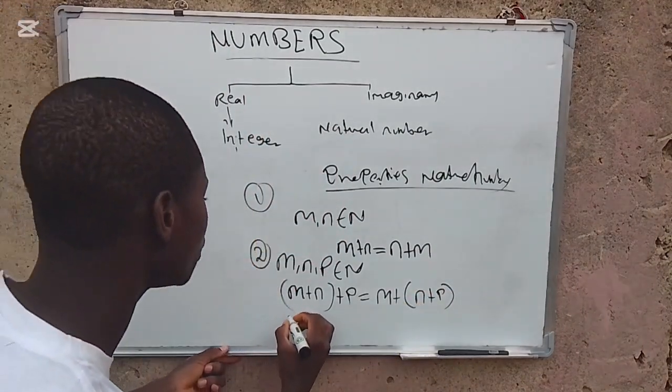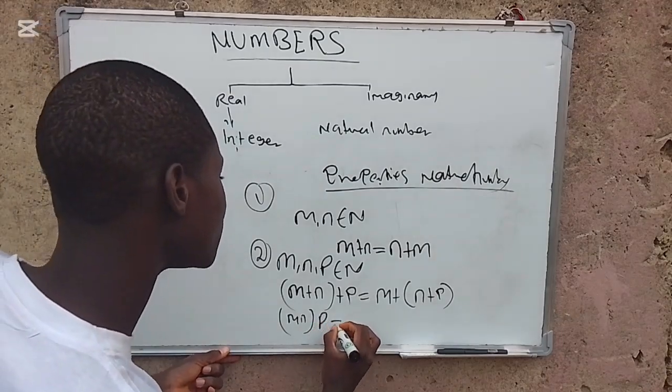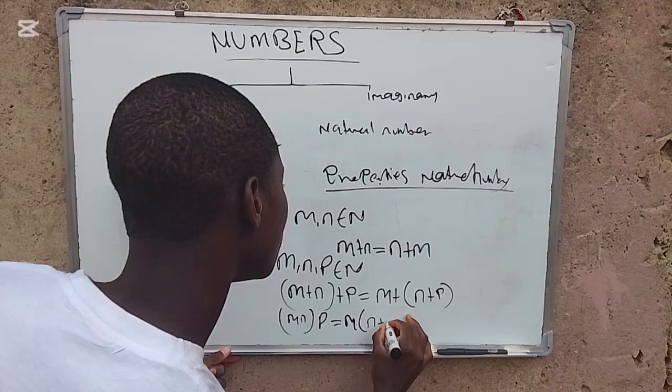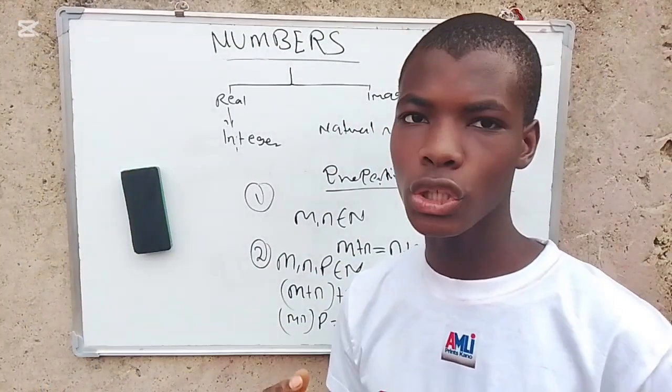And for multiplication, m multiplied by n multiplied by p is the same thing as m multiplied by the quantity n multiplied by p. So this is the second property of natural numbers.